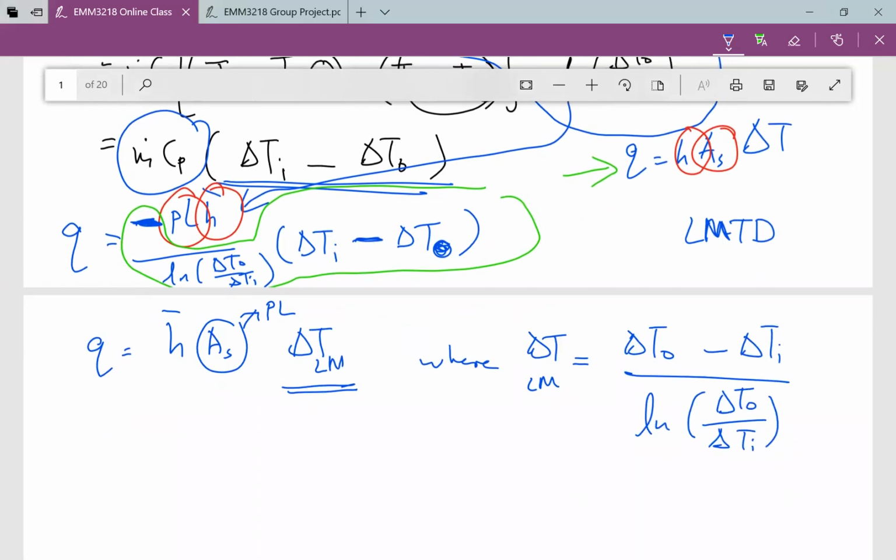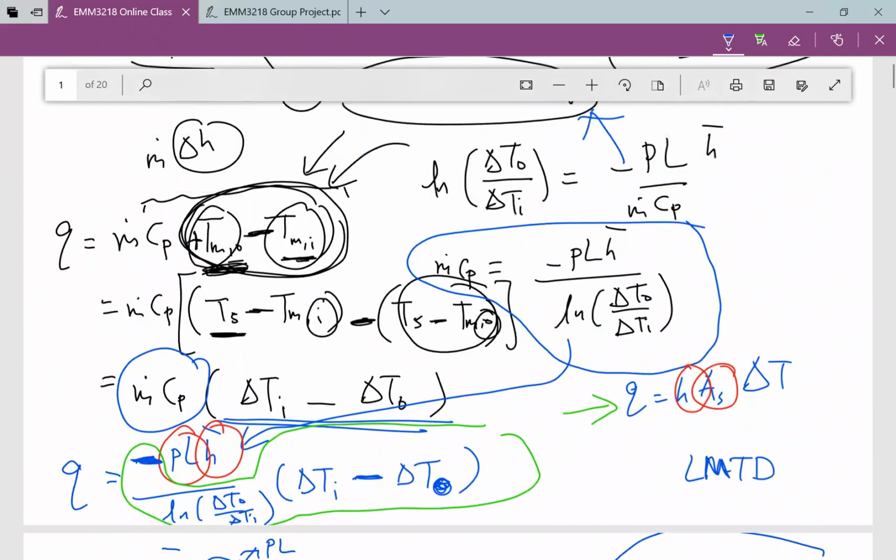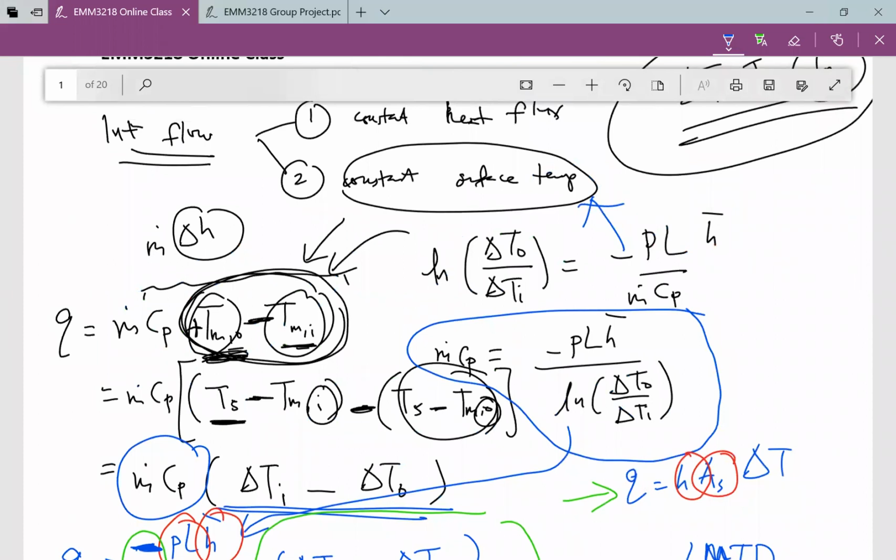Okay, so this is where log mean temperature difference was basically developed, where it came from. So this term is called log mean temperature difference, and it came from the derivation of constant surface temperature.